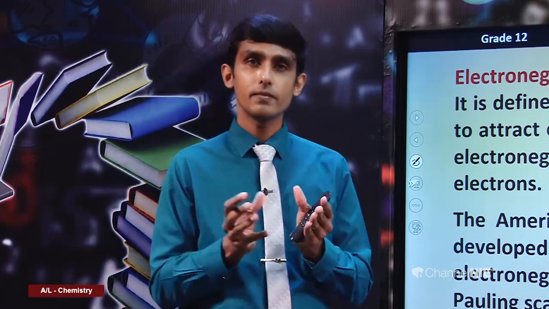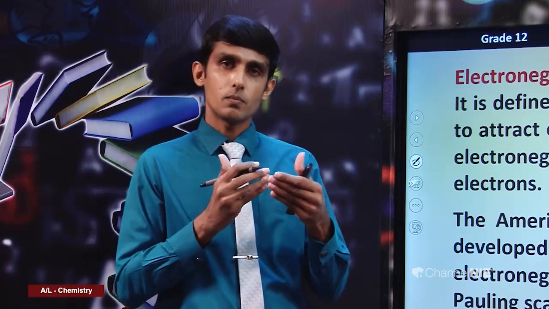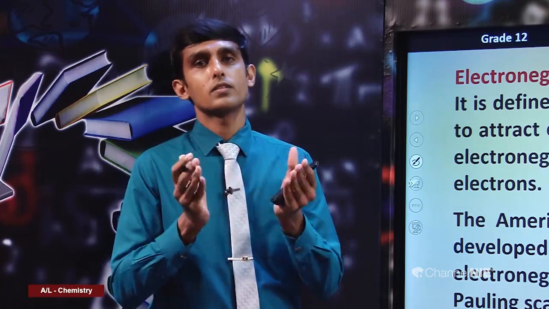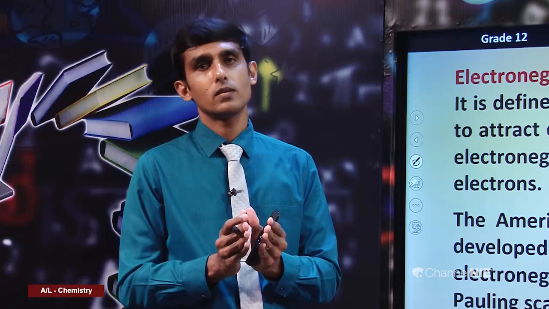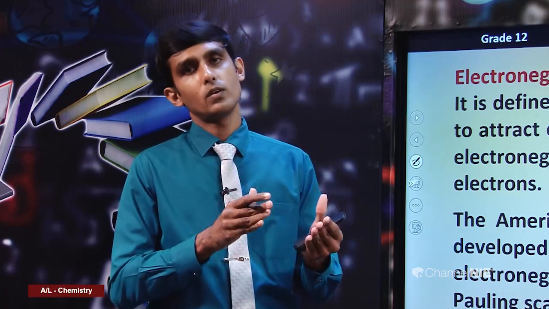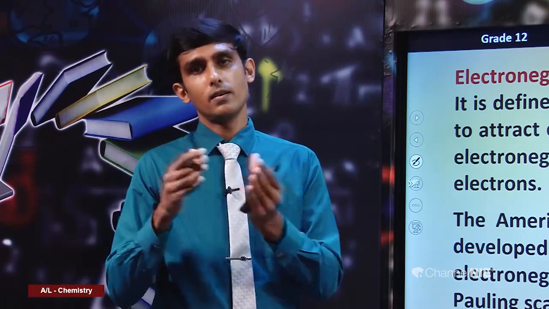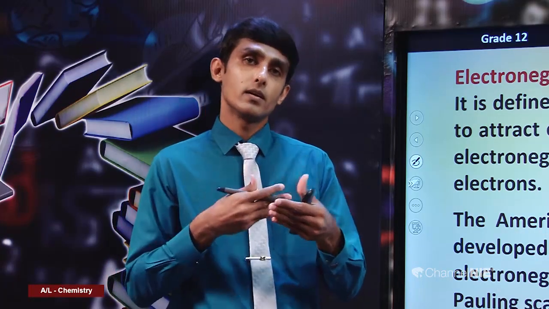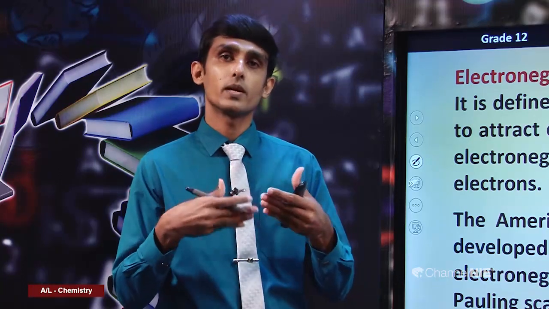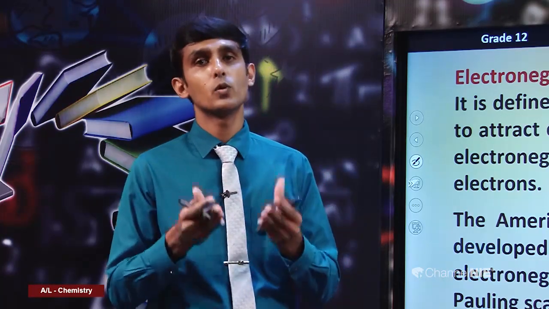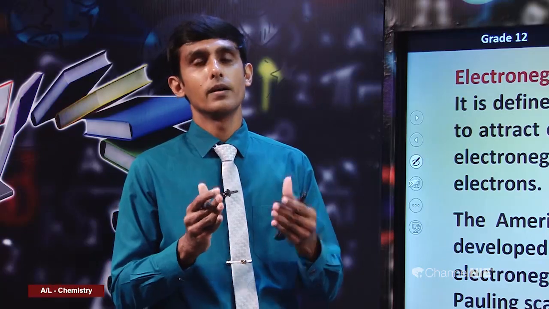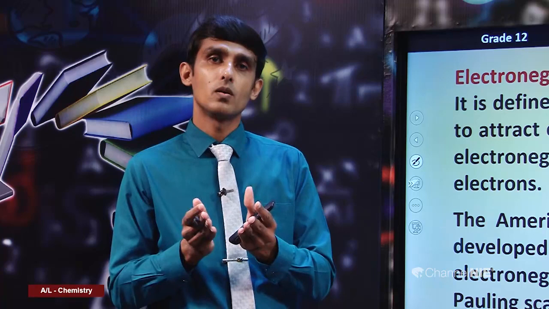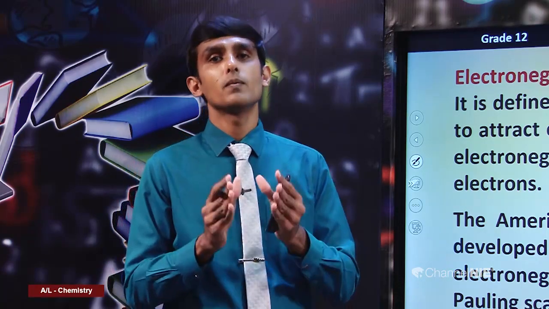This electronegativity was first presented by the scientist Linus Pauling, but after that there are a few other scientists who defined electronegativity, and they had given a few other values or scales there, but the most accepted definition and scale of values was the one presented by Pauling.